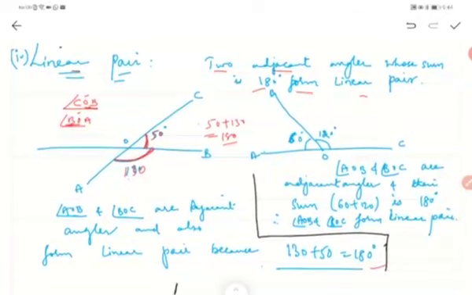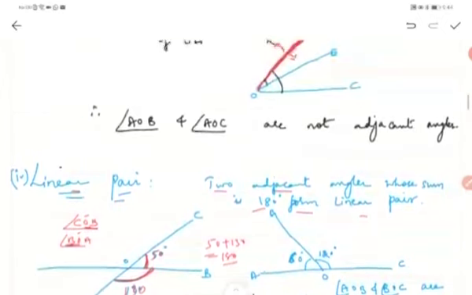Alright. So now check for this. You have angles of 60 degrees and 120 degrees. So these two angles, 60 and 120, are adjacent to each other because they have a common vertex and common arm OB, and to this OB on both the sides you have non-common arms, OA and the other is OC.